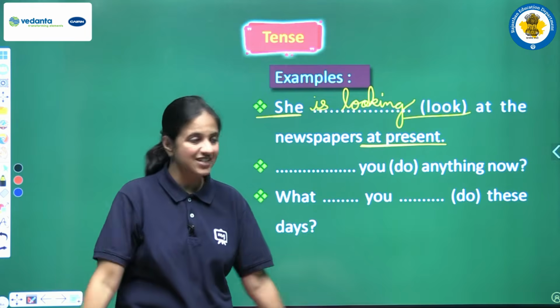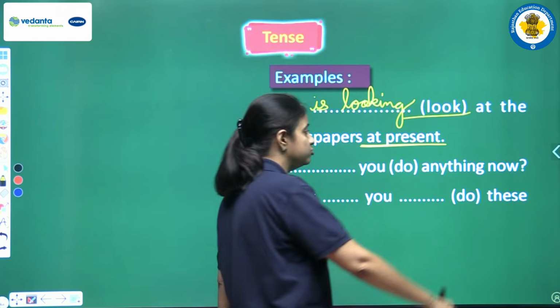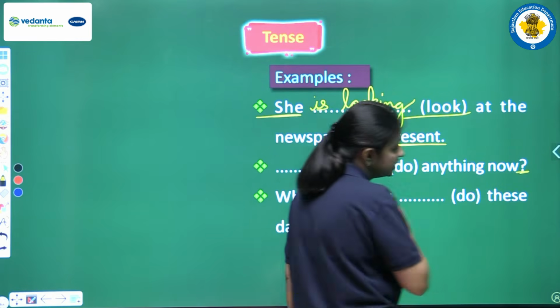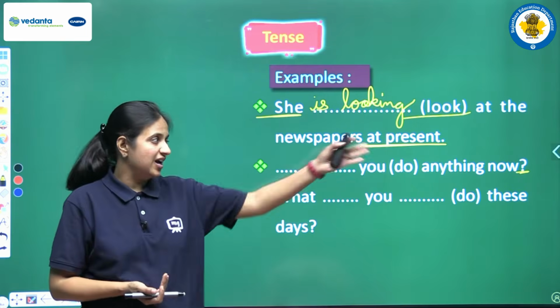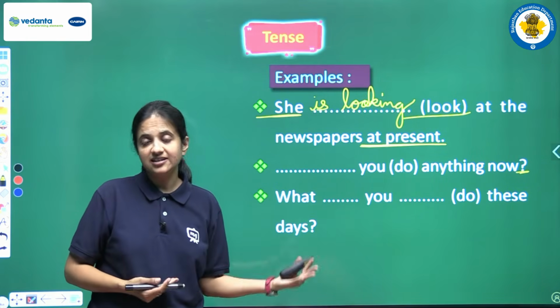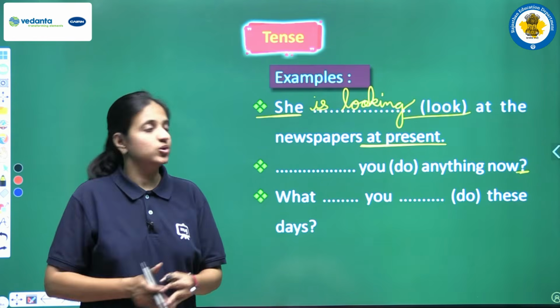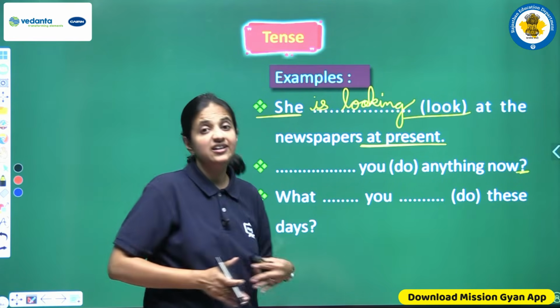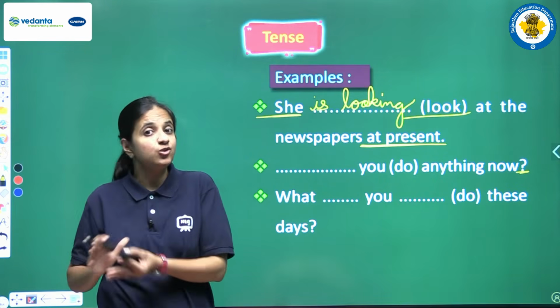Clear? It's very easy. Second is you do anything now. So first of all, you always have to focus on what kind of sentence you have, right? So we have a question mark at the end of the sentence. So it means that this sentence is an interrogative sentence, okay? And we do not have any WH word. So it means that we have to use the helping verb as a question word.